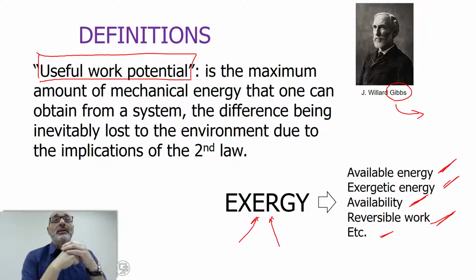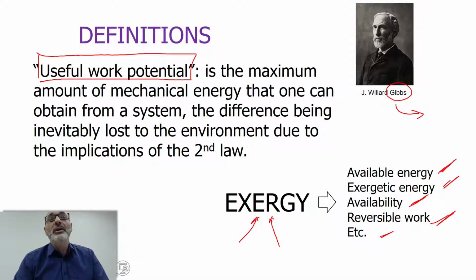So the question is simple: what's the exergy content of 1 kilogram of gasoline? You could answer this question like this. The exergy content of 1 kilogram of gasoline is the maximum amount of electricity that I could generate with this kilogram of gasoline. Okay? So that's the idea.